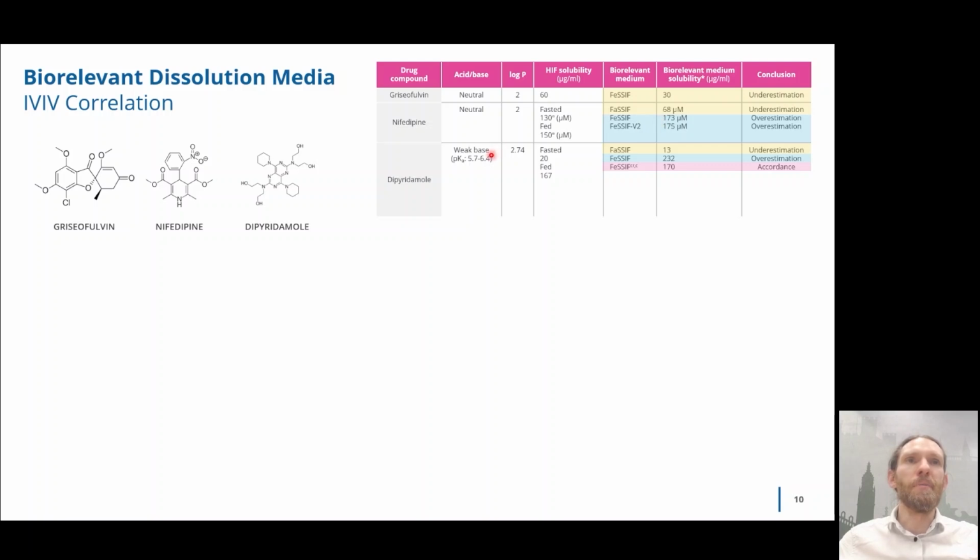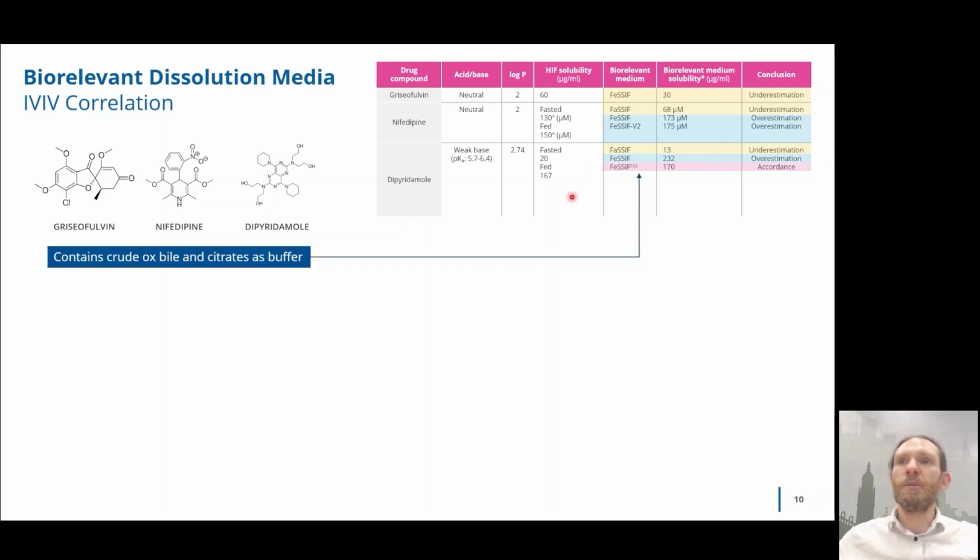Dipyridamole is a weakly basic molecule. In FaSSIF, we see slight underestimation of the actual solubility, whereas in FeSSIF, we see overestimation. But only through the modification of this FeSSIF fluid by introduction of ox bile and citrates as a buffer, we see perfect accordance with the solubility in the actual physiological fluid.